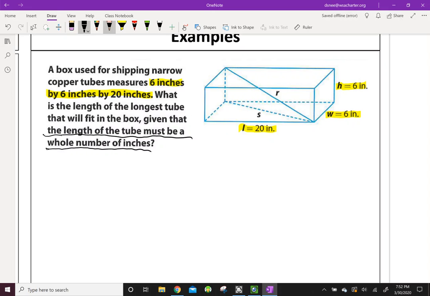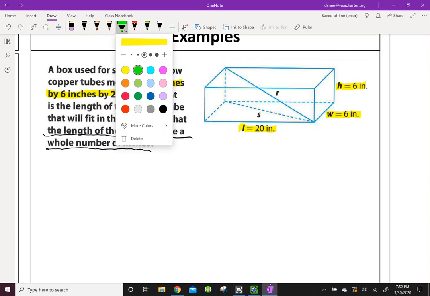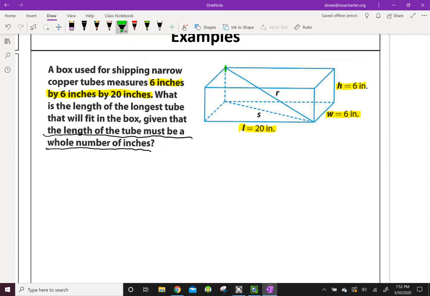So I can fit a tube in that box, right? And I can fit it in there from corner to corner right here. And that would be the longest length that I could put in there. And that piece right there would be the hypotenuse of this triangle right here.